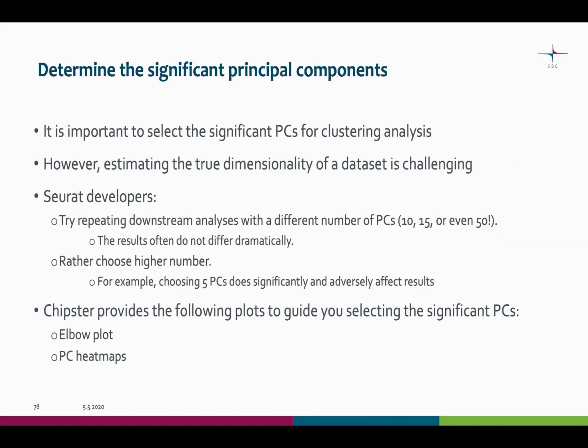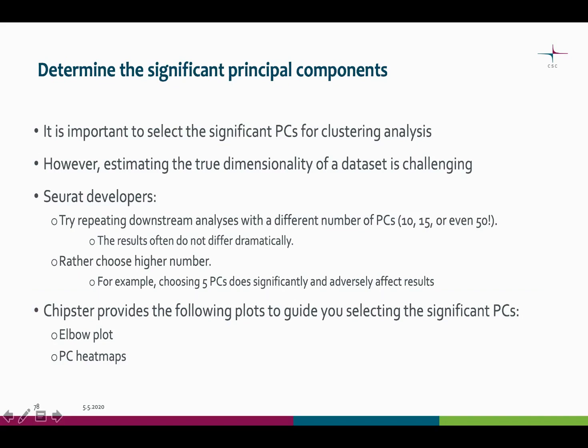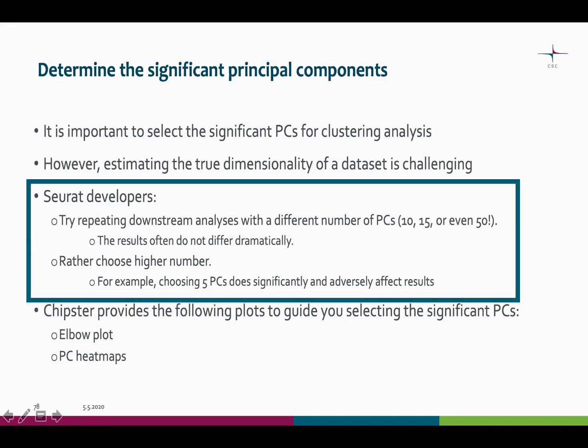After the principal component analysis, we want to determine the significant principal components. It's very important to select those for the clustering step. However, it's always quite challenging to estimate the true dimensionality of a dataset. We give you a few plots that you can use for this estimation, but keep in mind that the Seurat developers give these instructions.